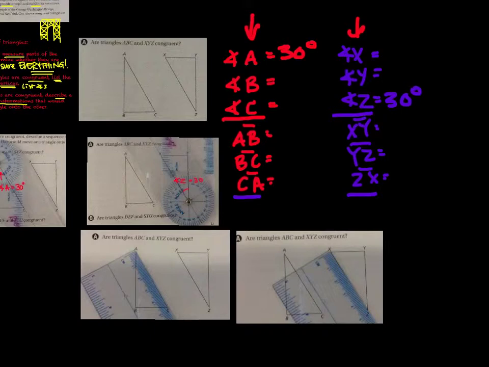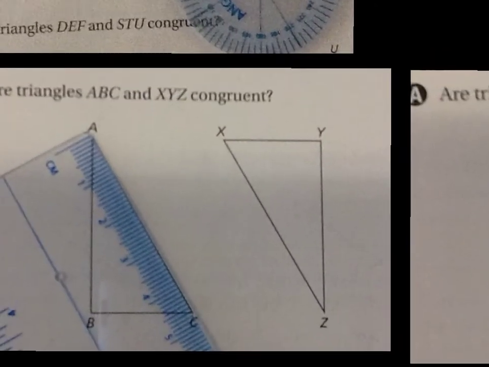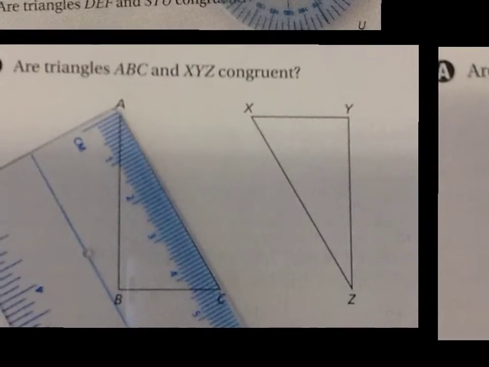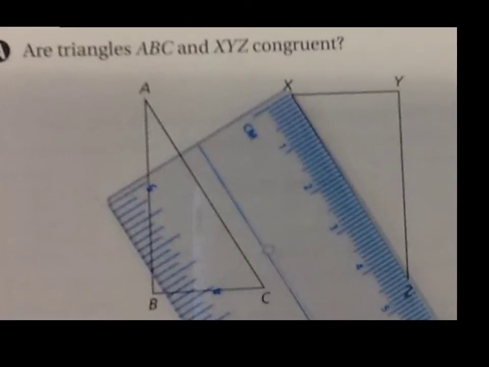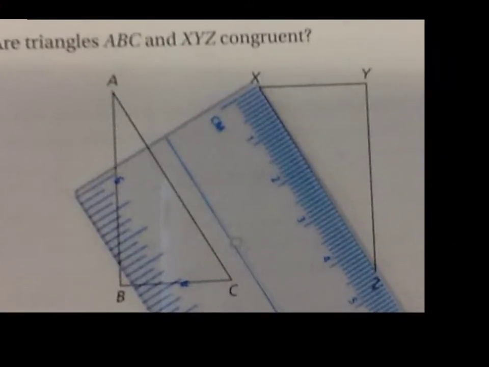So let's look at a couple of line segments. We have AC highlighted here. It looks like it is 4.6 centimeters, or I'm also going to write this as 46 millimeters. And then XZ is the same thing. It looks like we are at 4.6 centimeters right there, which we could also write as 46 millimeters.